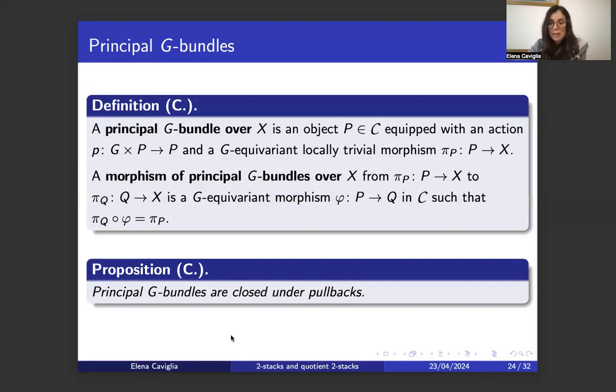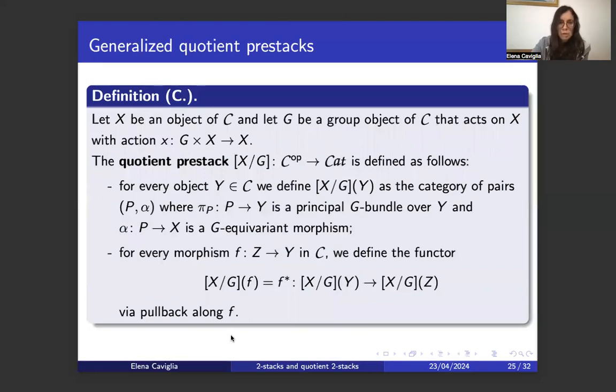And one interesting thing that one can do with principal G bundles in the classical case of topological spaces is that it can be used to construct quotient stacks. And we can perform an analogous construction in this generalized case of categories. So we fix an object X of the category C and the group object G, and the quotient pre-stack X over G is defined in this way.